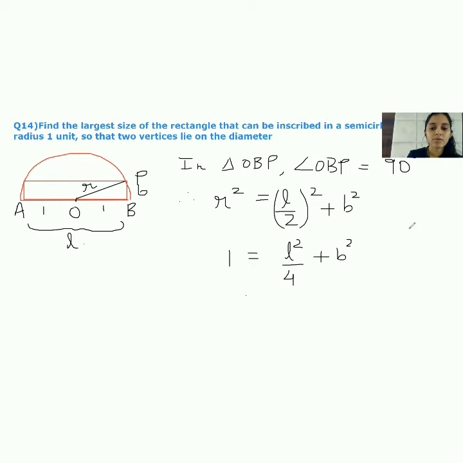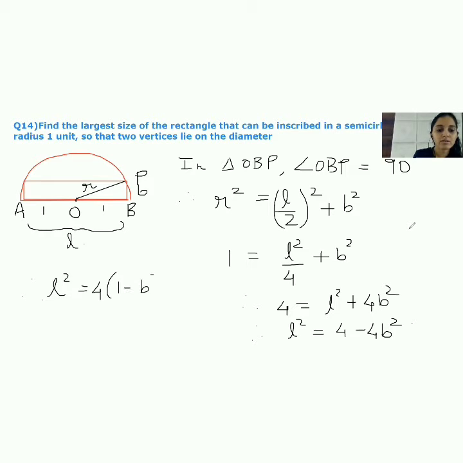Therefore, 4 is equal to L square plus 4B square, and therefore L square is equal to 4 minus 4B square. So I get L square as an equation in B square, that is 4 times (1 minus B square). We'll mark this as equation 1.